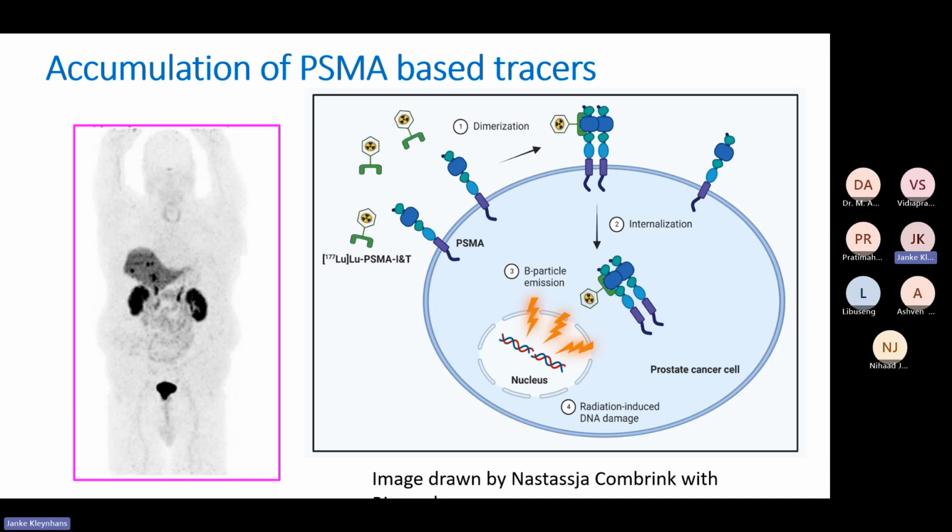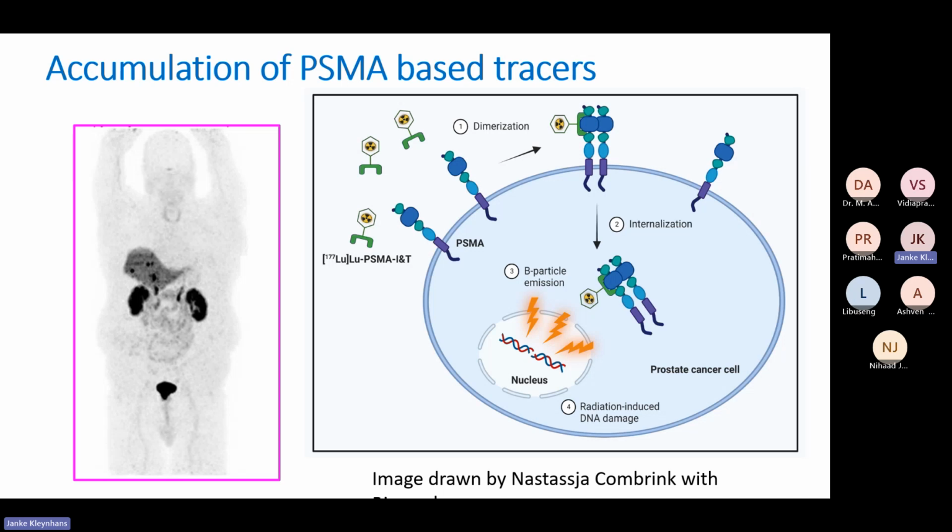So yeah, this one I borrowed from one of my students because she draws excellently. So this is just to show you how PSMA works. You have a prostate-specific membrane antigen expressed on the outside of a prostate cancer cell.